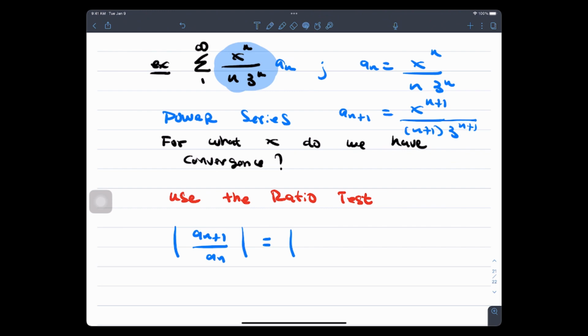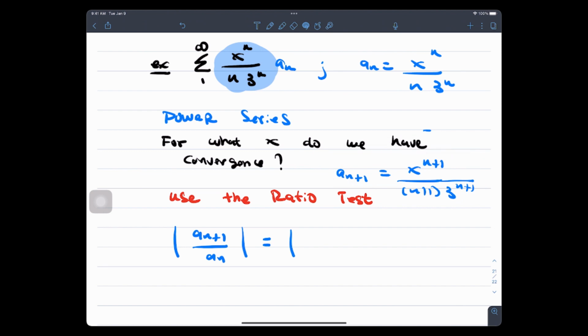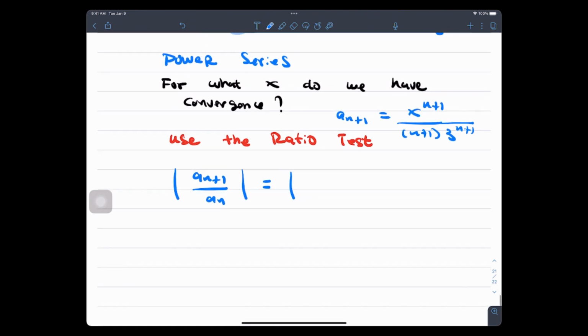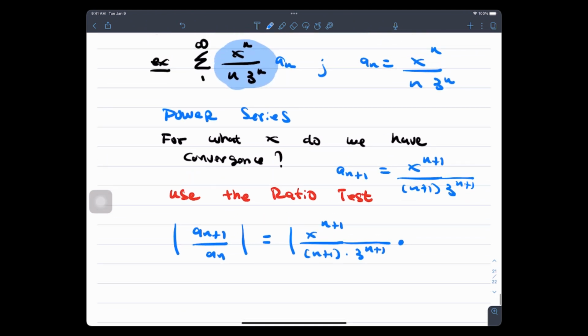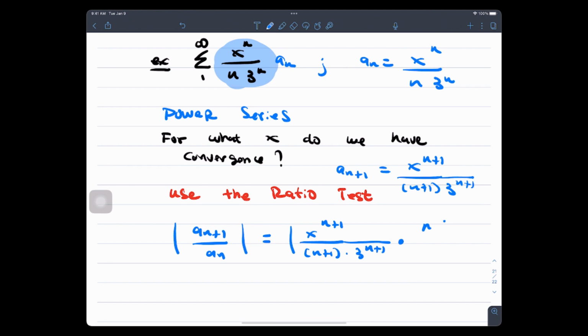Okay, you guys okay with that? So you say this is going to be x to the n plus 1 over n plus 1 times 3 to the n plus 1. Now multiply by the reciprocal, save some time. That's n times 3 to the n over x to the n. Okay?